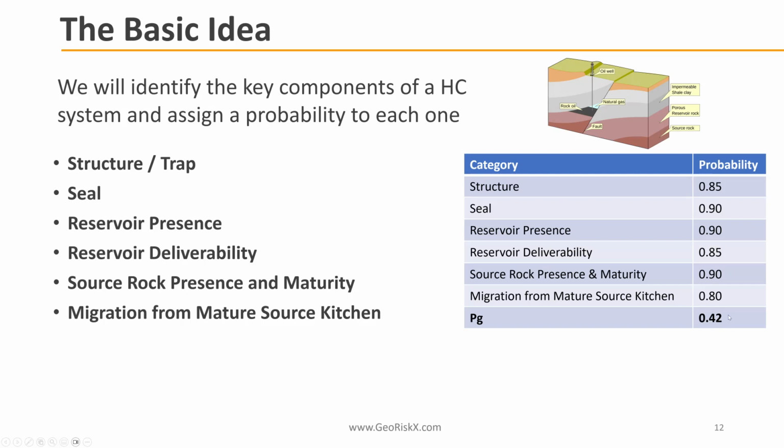And those two simple concepts are all you need to look at a single exploration prospect and assign risk. Now, once we start looking at a portfolio and how we may drill multiple opportunities, then we'll start to look at something more complex, which is conditional probability. But for the time being, it's just this marginal and joint probability that you need to understand.